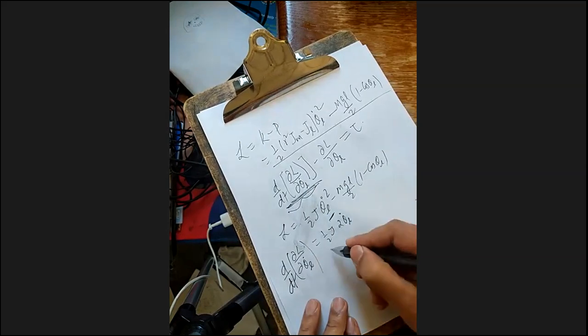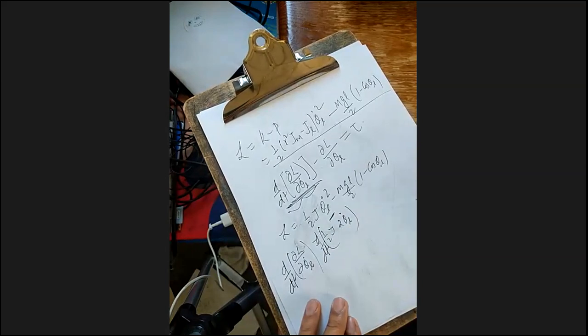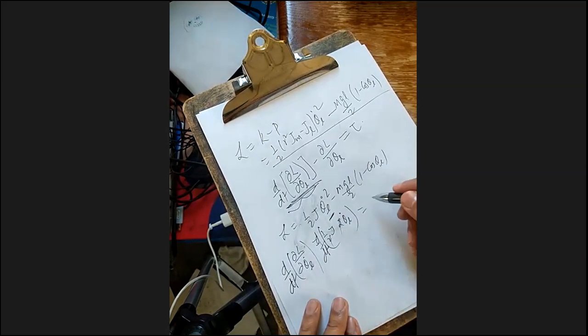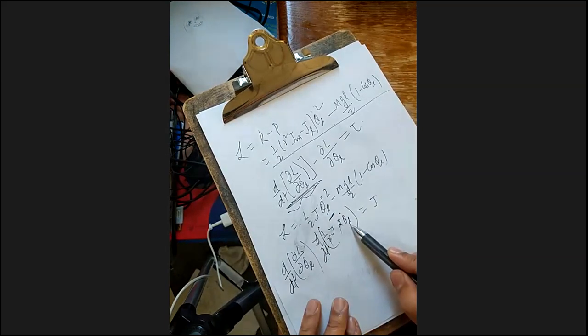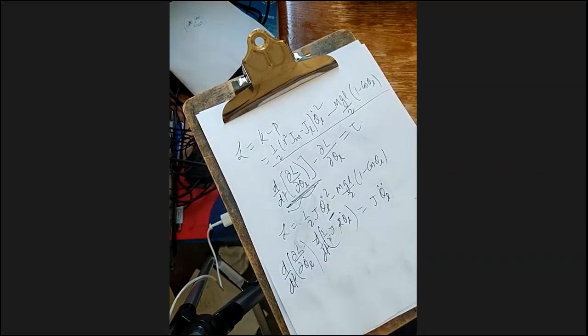The 2 and 2 cancel, so you get J theta L double dot. So far so good, right?